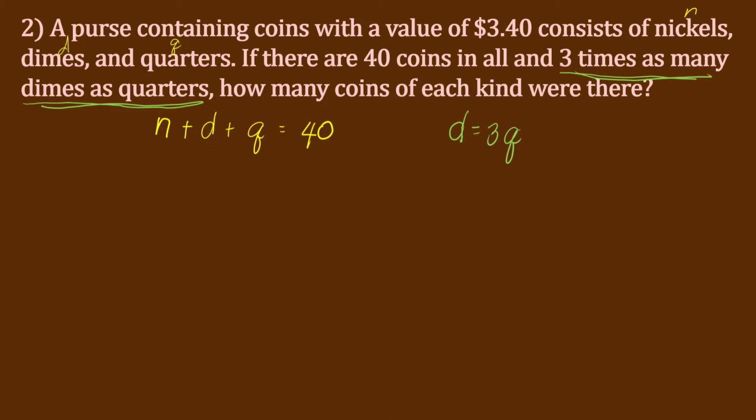So that will give us N plus 3Q plus Q equals 40. And combining 3Q plus Q, N plus 4Q equals 40.